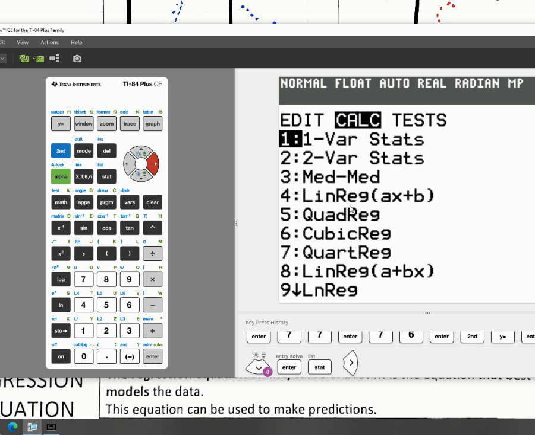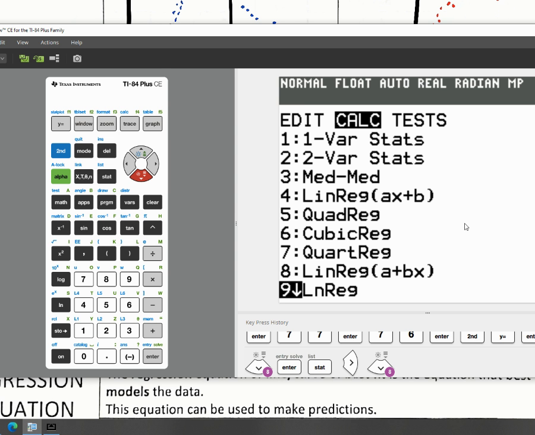Look at all these. See number 4? That's a linear regression, and it's in mx plus b form. That's the one we like. What do you think 5 is? Quadratic. Number 6 is kind of a no-brainer. Cubic. What do you think number 7 is? Quartic. Number 8 is another LinReg, but it's just in a different format. No big deal.